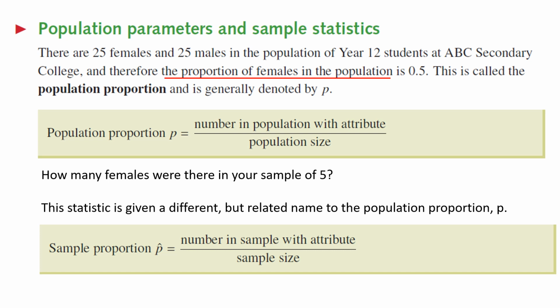We've chosen 5 as our sample size, but the proportion of females in that sample of 5 is an example of P hat. The number in the sample with that attribute over the sample size is how you would work it out. P hat is literally called P hat, as you can see.